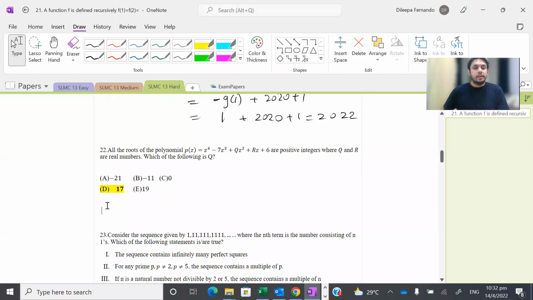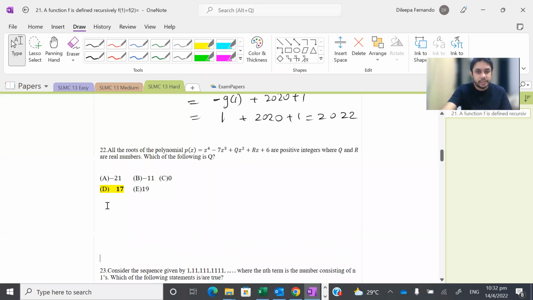Okay. Question 22 is about something you are familiar with: polynomials and the roots, sum of roots, product of roots. You should be familiar with this if you are doing advanced level mathematics. So let's see how this works.